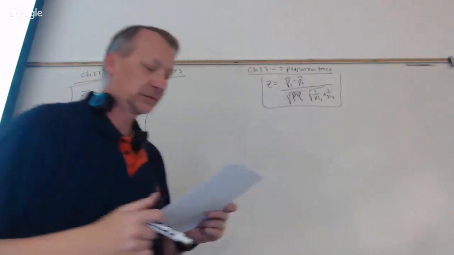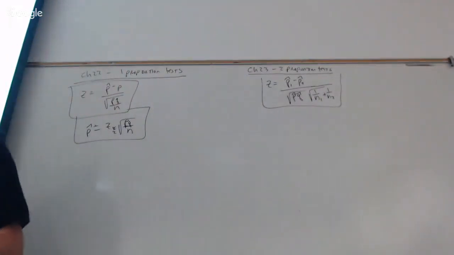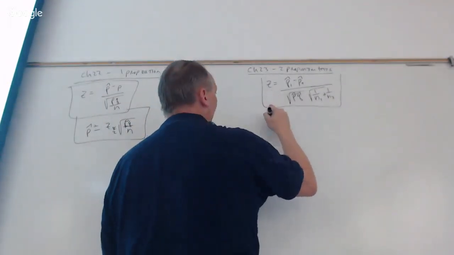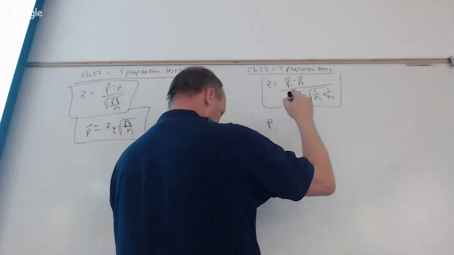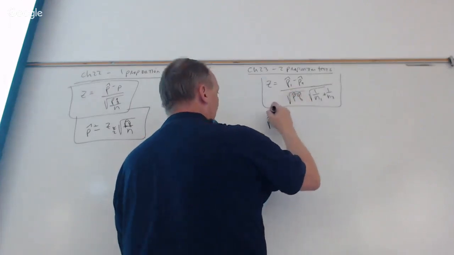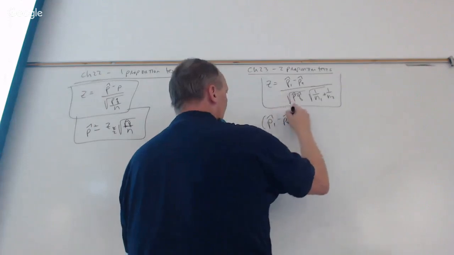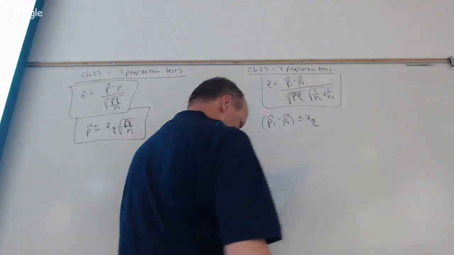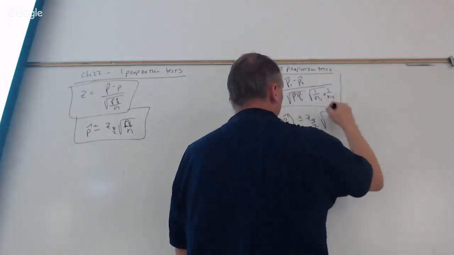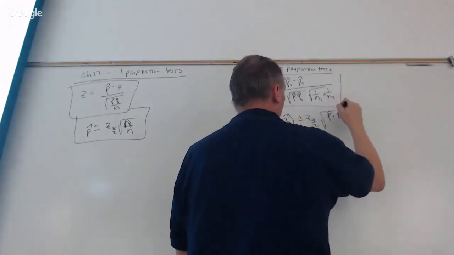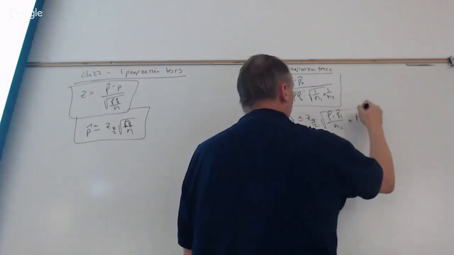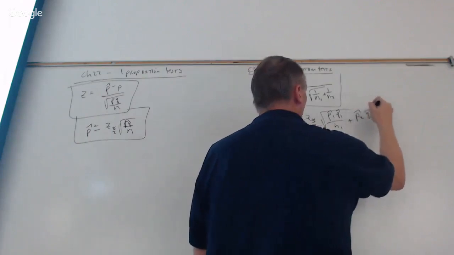Let me give you this too. The confidence interval that I'm going to give you is p1 hat minus p2 hat plus or minus z sub alpha over 2 times the square root of p1 hat q1 hat over n1 plus p2 hat q2 hat over n2.